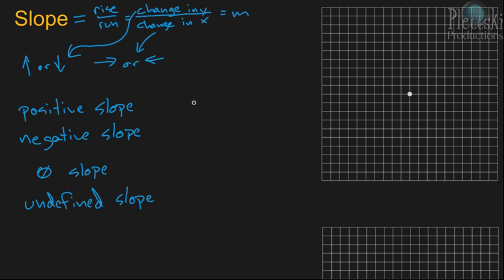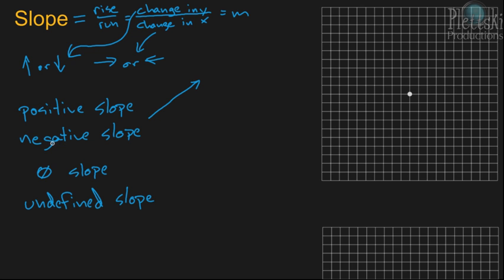And I'll go through these real quickly. Positive slope. Now, when you look at a graph, read it from left to right. And if the line is going up when you read it from left to right, then it's going to be a positive slope.